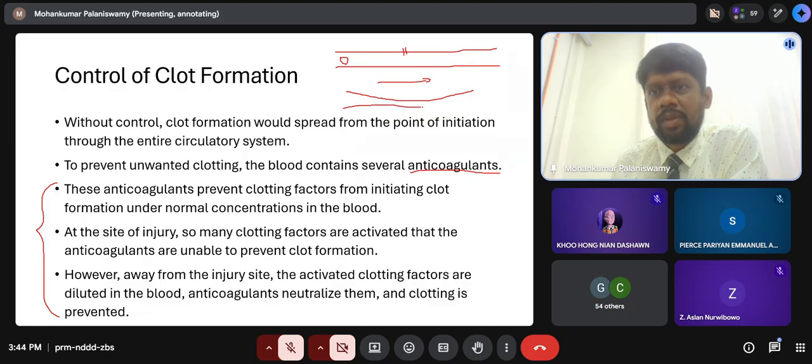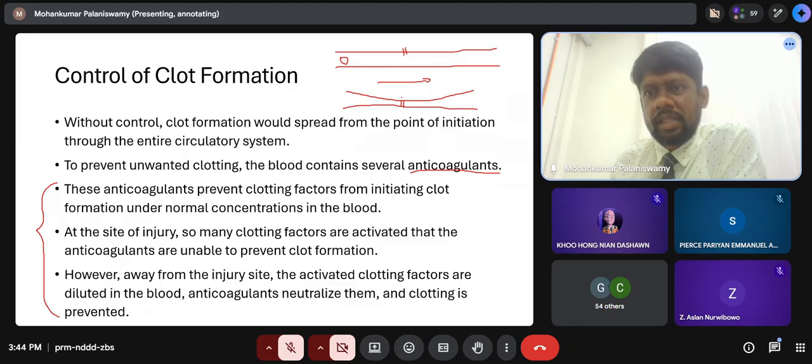I'm not able to draw it exactly, but just imagine. Here we have vasoconstriction. Imagine here the diameter is more, here the diameter is less. Then there is a plug formation, right? So here the blood cells, the WBC, RBC, are trapped.